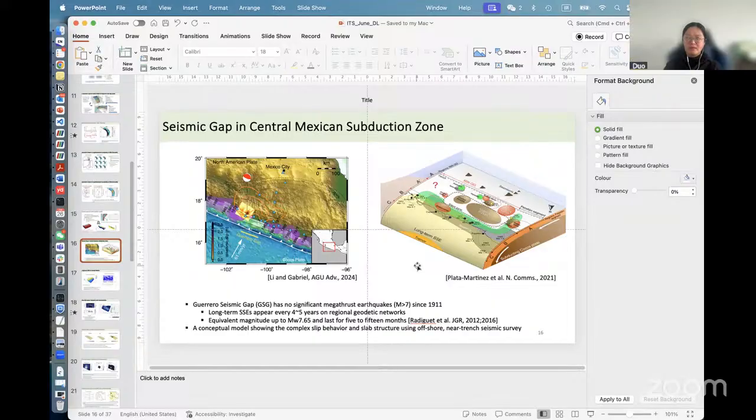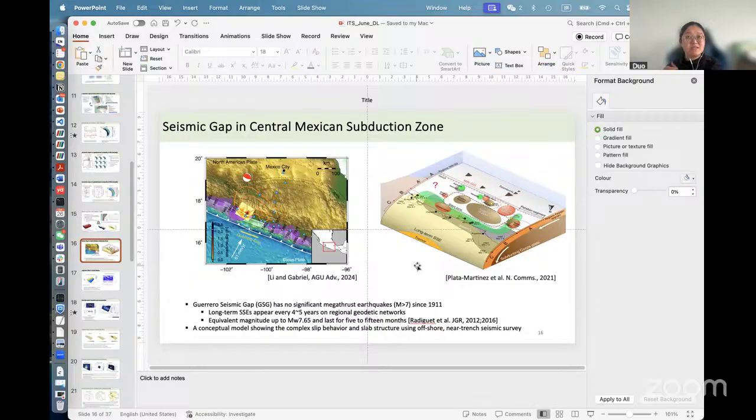Yeah, so far there is no clear relation between the slow slip, or the magnitude of slow slip, and the plate convergence rate, because I think it depends mostly on the temperature or the pore fluid condition on that part, whether it can have slow slip or not.